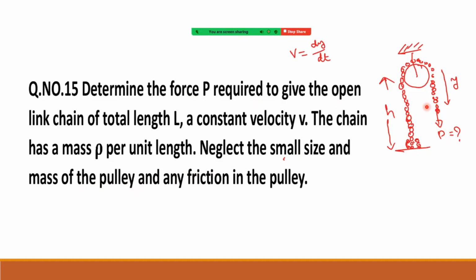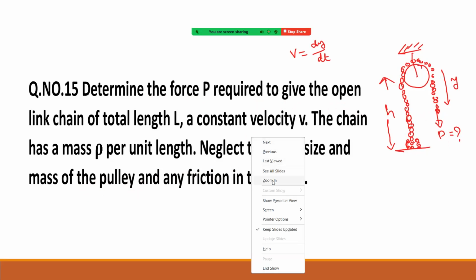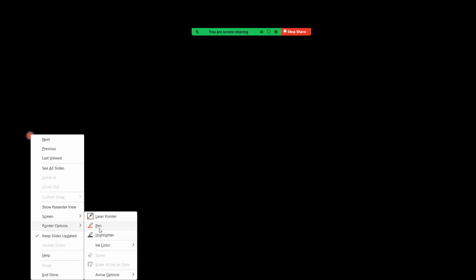Let us see how to start the problem. First note down the given data. A pulley is given, and we are given a chain like this.